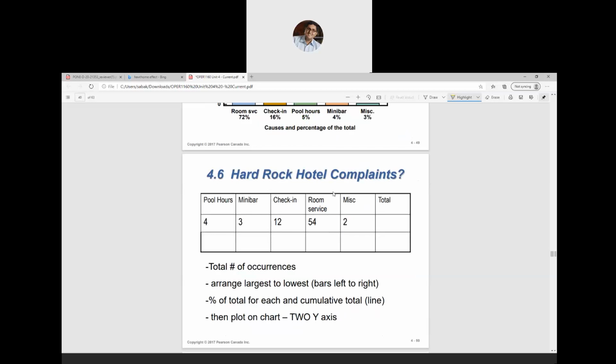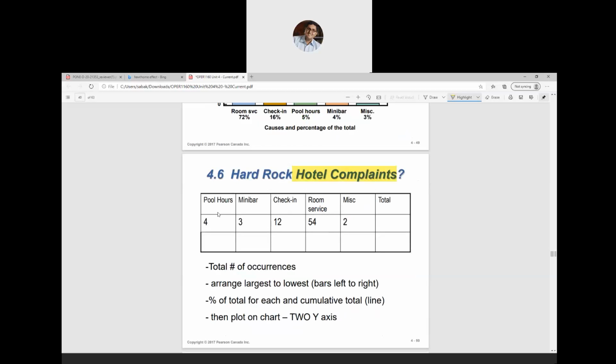Quantitative means we do some data analysis and try to find out the occurrences, the number of times each of these issues has happened. So when you look at the total complaints, let's say the different reasons for the complaints are issues with respect to pool hours, minibar, check-in times, room service, and miscellaneous.